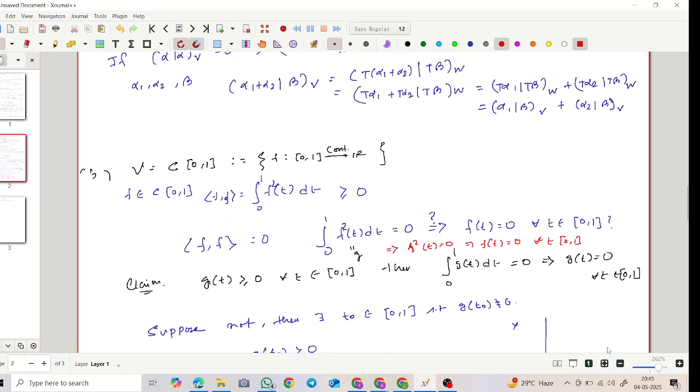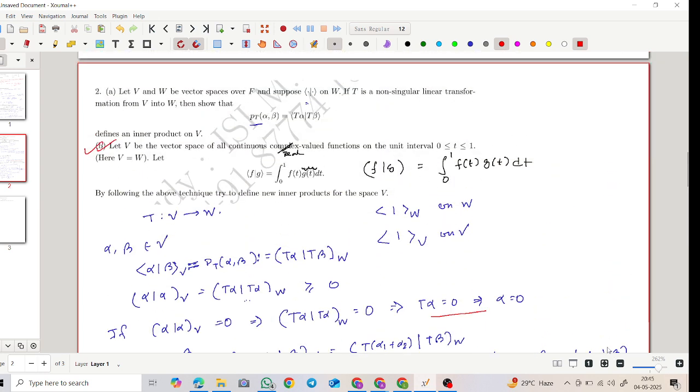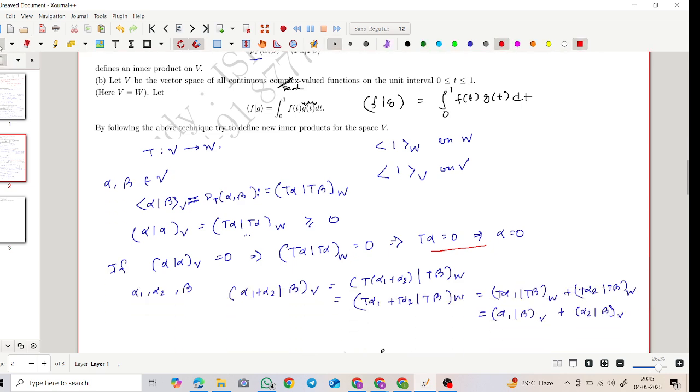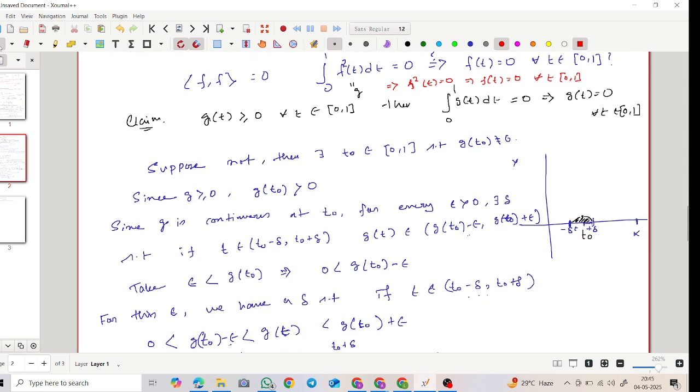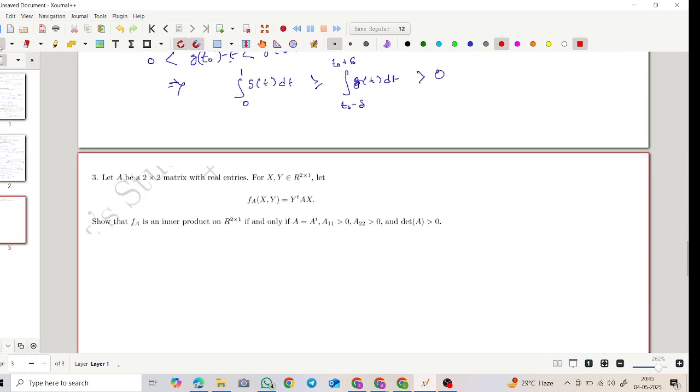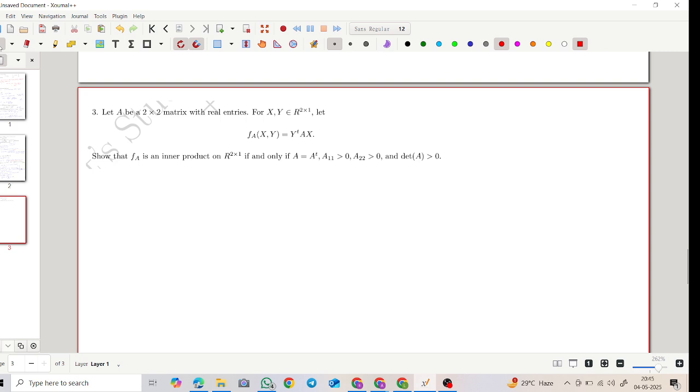No, we did not use that approach. We have proved 2a and b separately. I just proved it directly because direct checking is easier. You didn't make a new inner product.